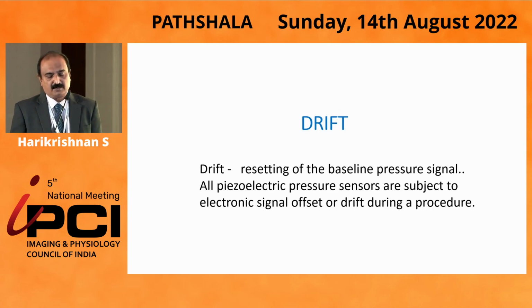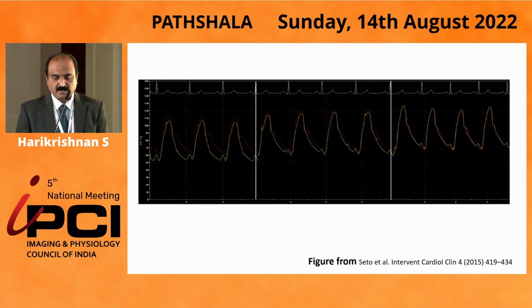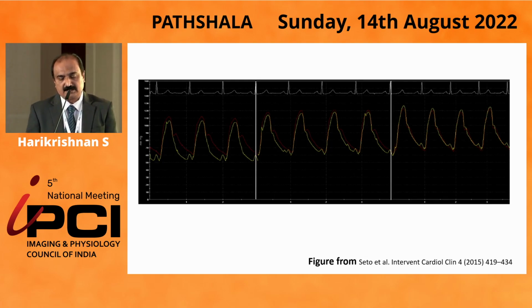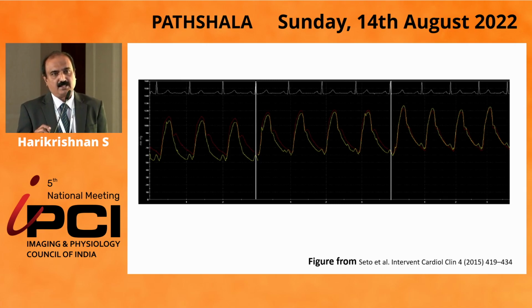Drift is the resetting of the baseline pressure signal, because it is a problem of the piezoelectric pressure sensors. So this is what happens in a drift. You can see the initial part, the red is the aortic pressure, the yellow is the pressure wire pressure.